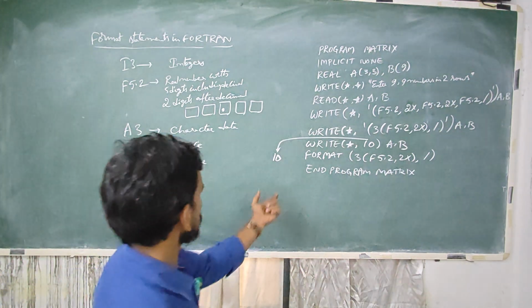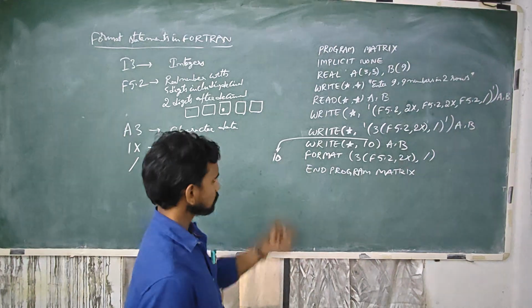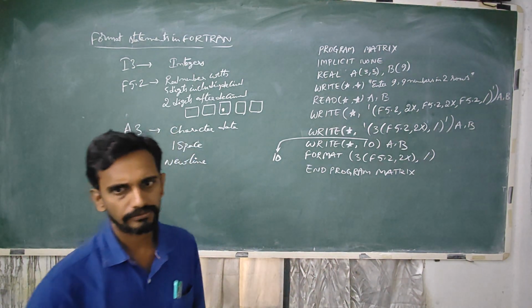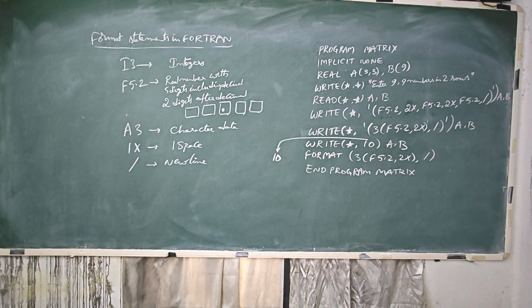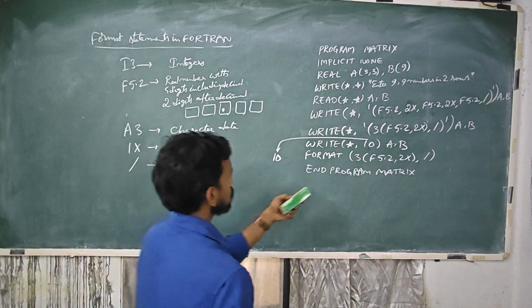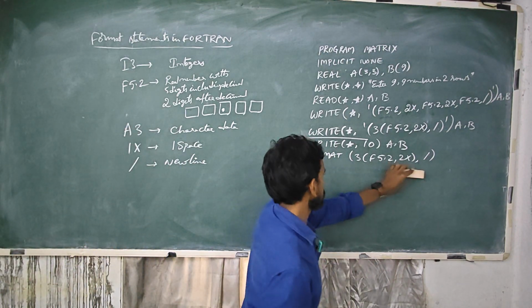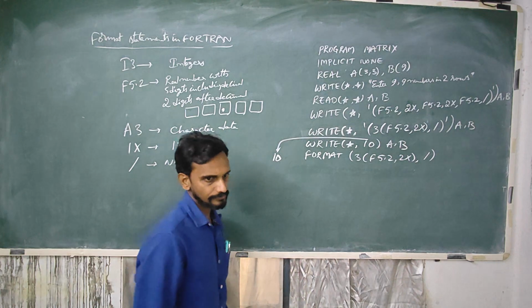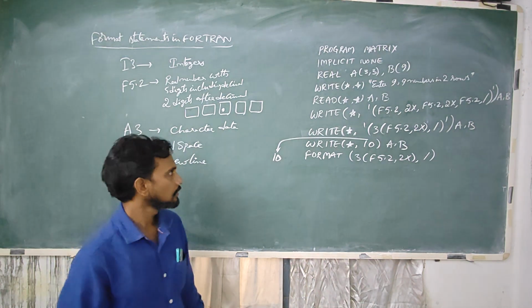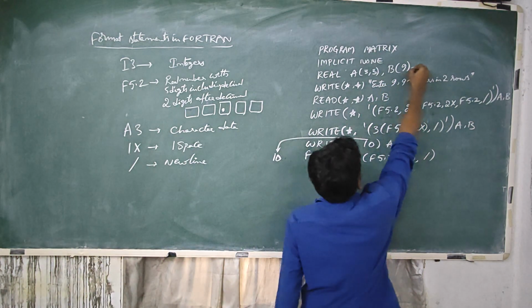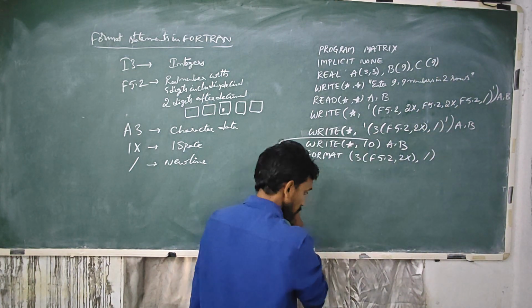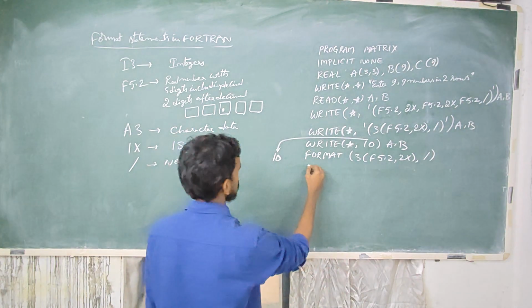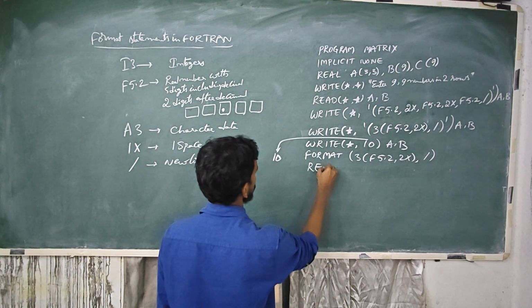So at most 5 digits are allowed. You can give an index. So when you want to use the same format repeatedly, it is convenient to define it in a new line with a label. Okay, let's say you want to read another matrix in the same format. You can use it in a read statement also.